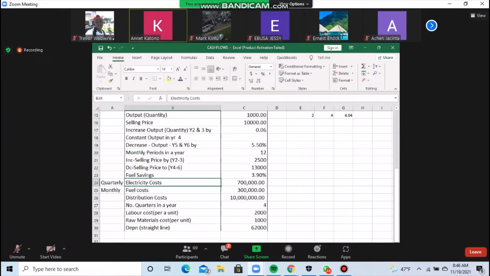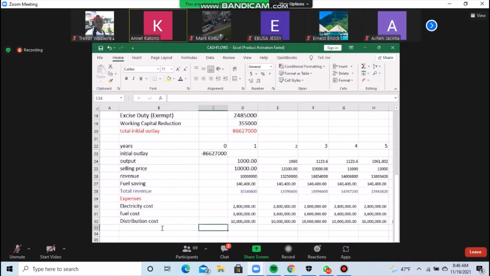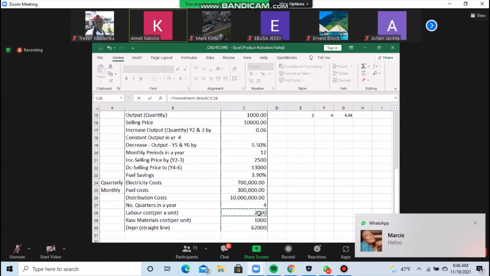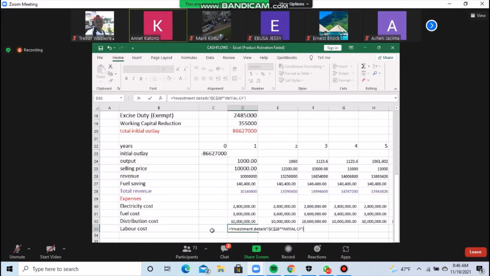So I'm going to my initial cash flow, put my labor costs, equal sign, pick on your 2,000, which is a constant fee per unit, and I'm going to be using it for all the years up to year 6. So I'm going to fix it and multiply it by the number of units that I've produced in a particular year. Now in year 1, my output is the 1,000.